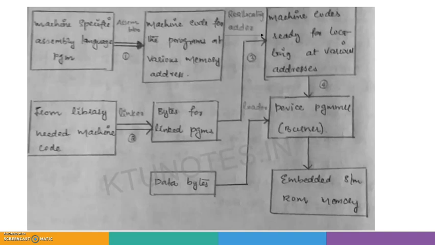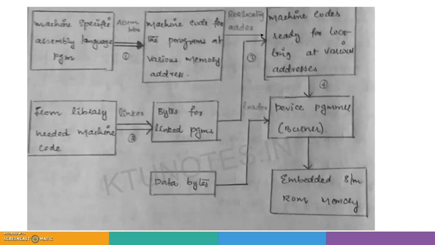For that case, we also have to use a linker, and the linker does the process of linking. Later on we'll discuss these tools like assembler and linker in detail. But just know that the linker combines various machine codes. If there is a predefined function that we use in our assembly language, we need to find the definition of that predefined function.